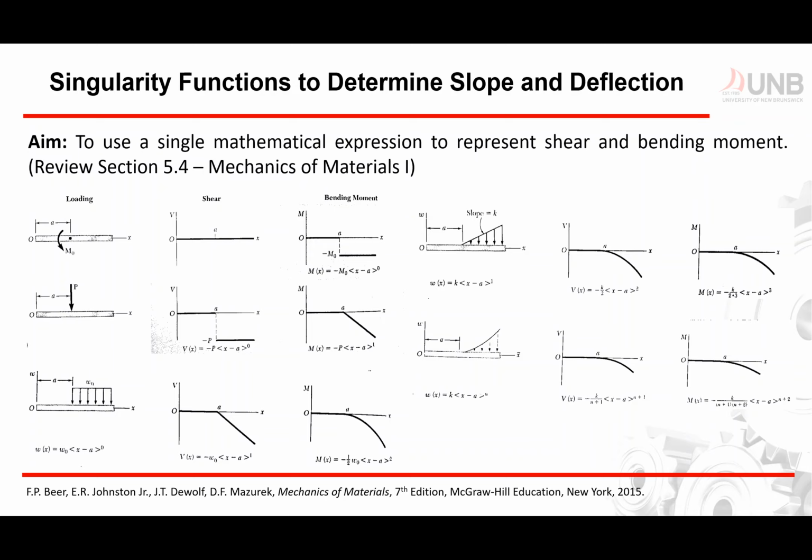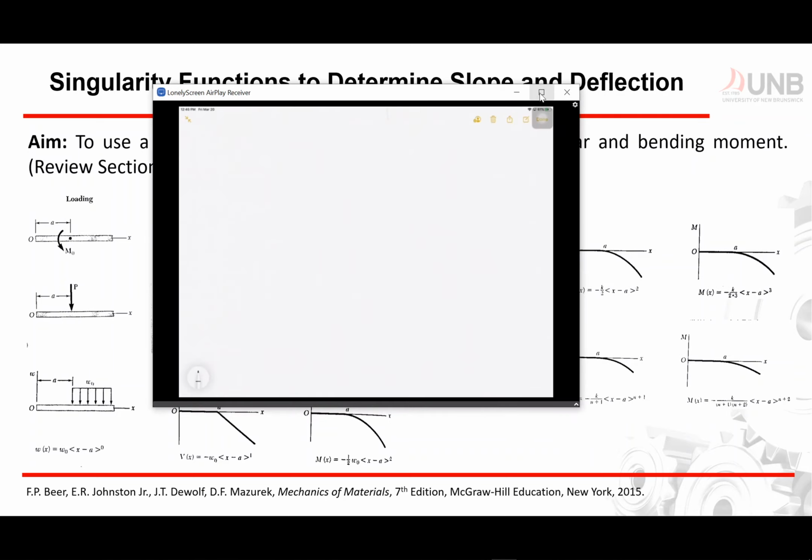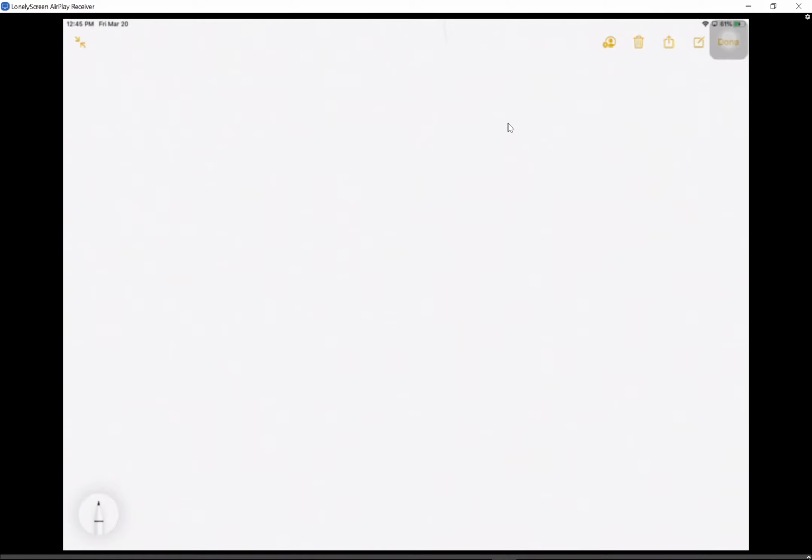So I'm going to drag again my screen. Now, if we have a singularity function, let's go back to our example, which is (x - a) raised to n. Now there are two values that it could assume. The first value is (x - a) raised to n, so that would be your conventional equation.